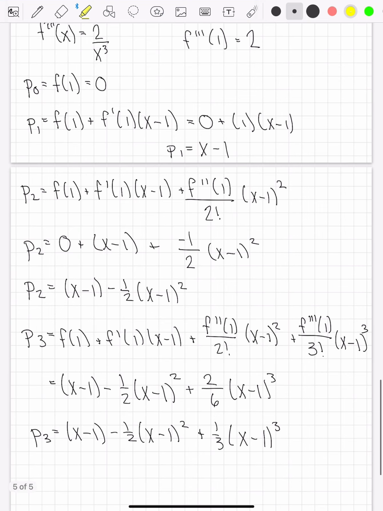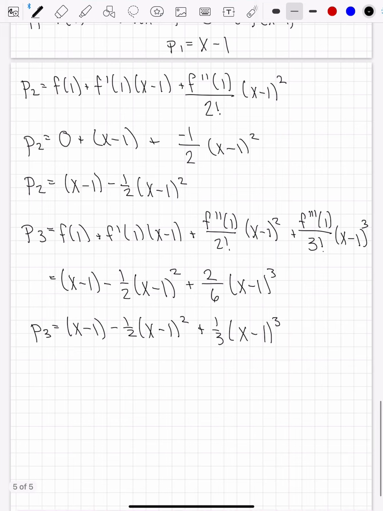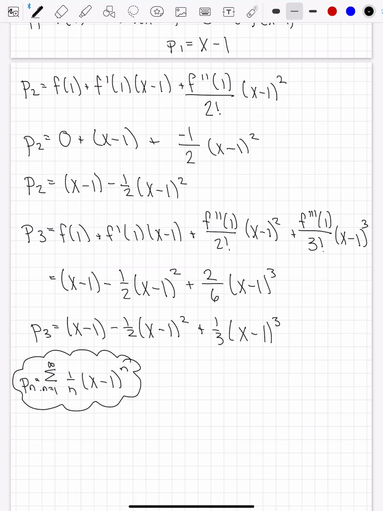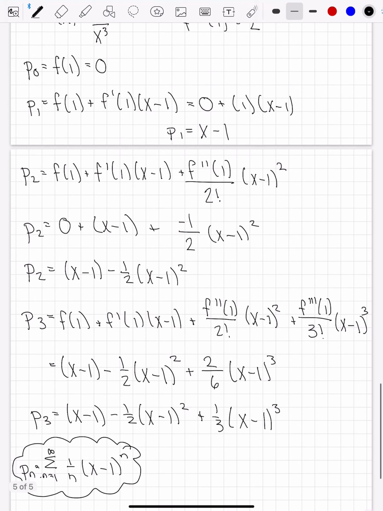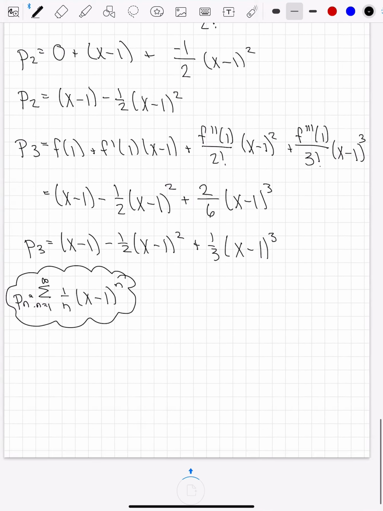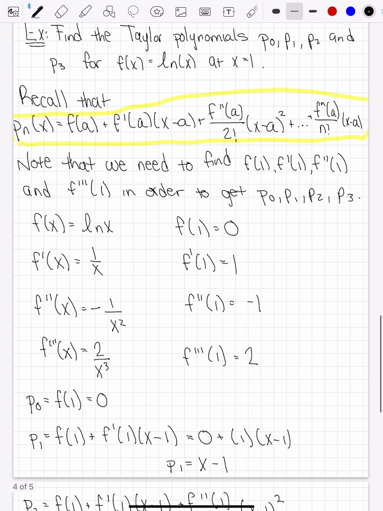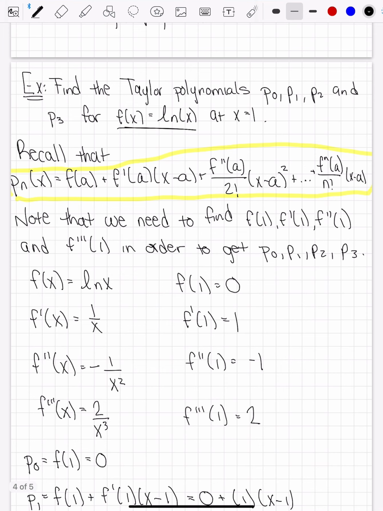What we can see is that the terms look like 1 over n times x minus 1 to the n, and here we would need to start n at 1. That's how we're going to end up finding formulas for the nth Taylor polynomial, which will be the series expansion for the function itself.